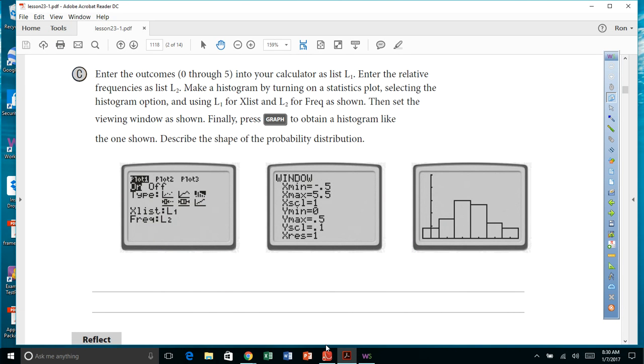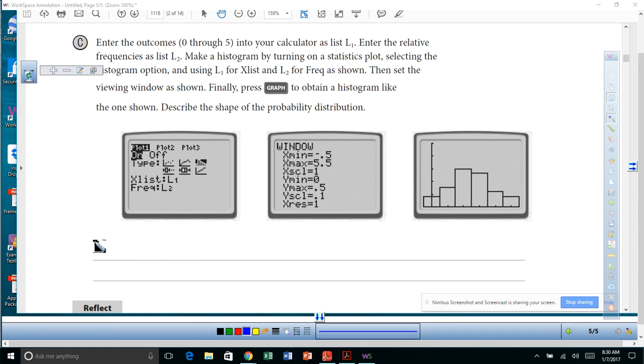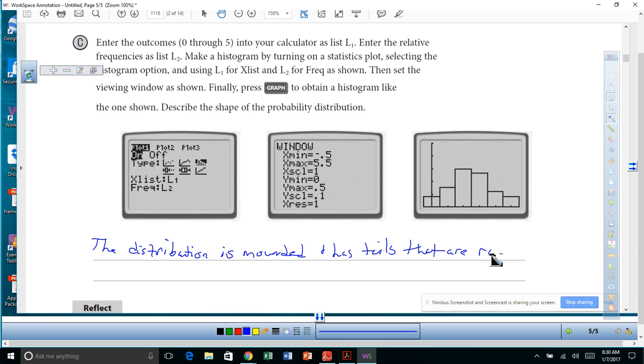So we'll say here, the distribution is bounded and has tails that are roughly symmetric.